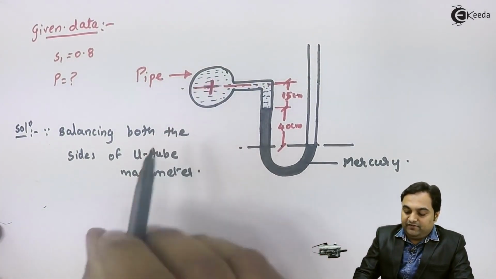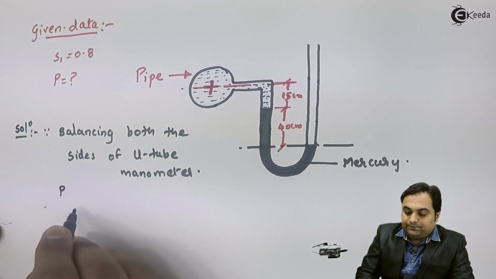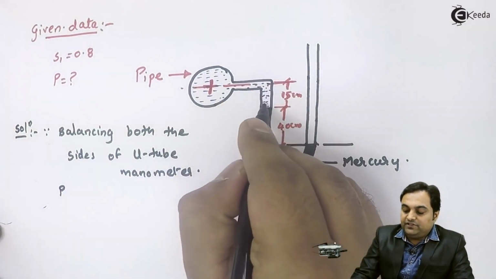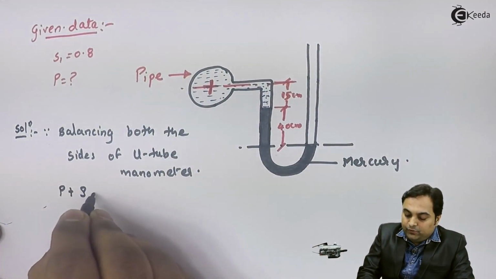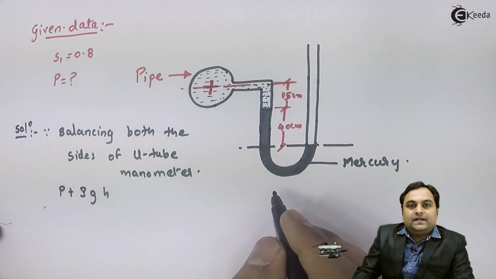Inside that, here we have a pressure P. At the same time, we have this fluid column of 15 centimeter height, so its pressure will be rho g h.